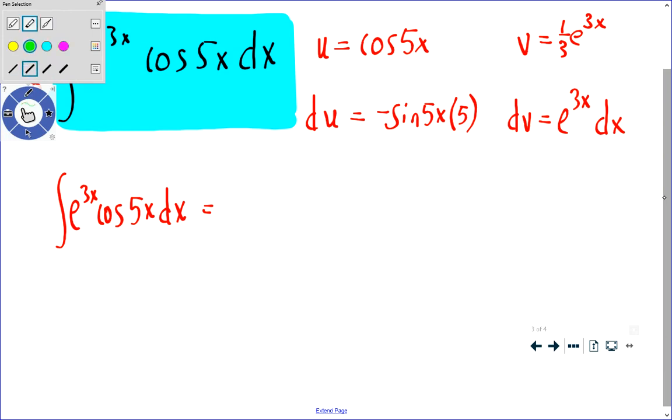I think everybody's probably got the hang of this already, but I'll continue to highlight how we integrate by parts.